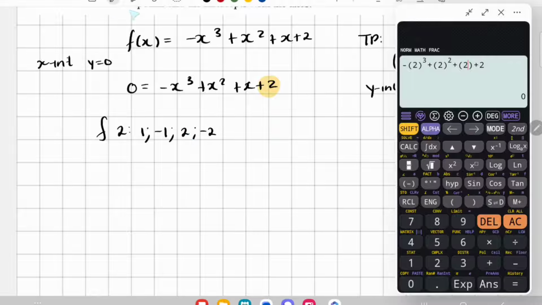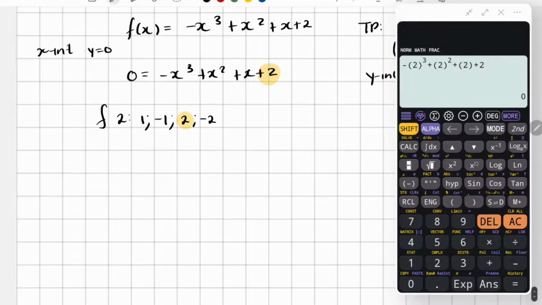Since 2 worked, it means that x minus 2 is a factor, because x is equal to 2 is one of your solutions. So x minus 2 is a factor of this cubic function.